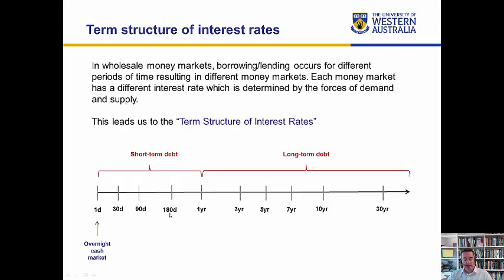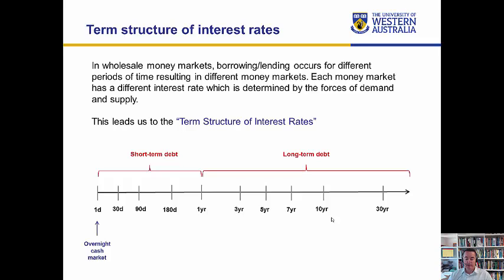They may lend later on in the year, they may lend money for 180 days because they've got some excess cash for 6 months that they want to lend out and earn a return on. Then maybe after 6 months they'll take that money back and use it for something else. So companies go into different debt markets depending upon their needs. And also investors go into different debt markets depending upon their needs as well.